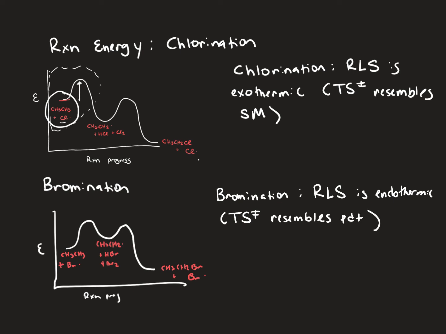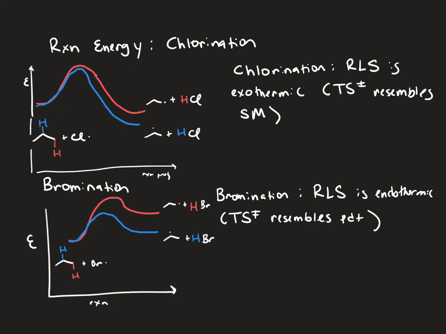So this is a very simple alkane, but let's see how this would be impacted if we now have a more complicated alkane. So if we zoom in on this first step, we'll see that the transition states look pretty different. So in this first example with the chlorination, because it's exothermic, the transition states will resemble the starting material.